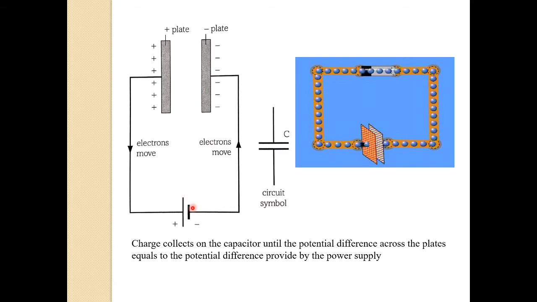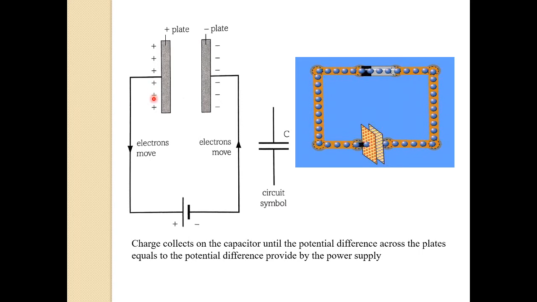So electrons are repelled from the negative end, so electrons move and get accumulated on this plate, which becomes the negative plate, and when the electrons move from this end, electrons are dragged and attracted to the positive end from this metal plate. So when the electrons are removed from this plate, it becomes positively charged. So this is how the capacitor gets charged.